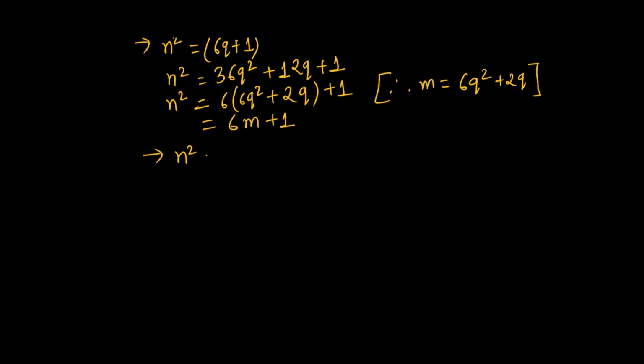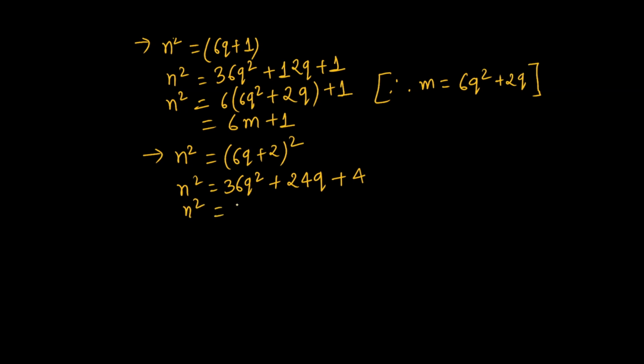n square is equal to 6q plus 2 whole square. So n square is equal to 36q square plus 2ab. So 2 into 6, 12, into 2, 24q plus 4. So we will take common. 6 will be common.